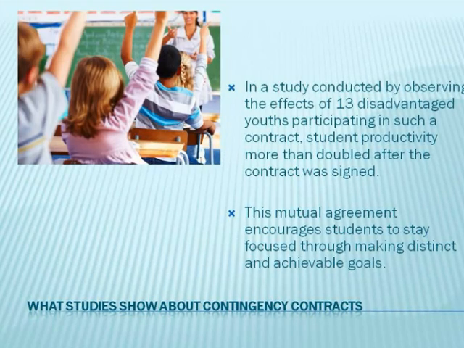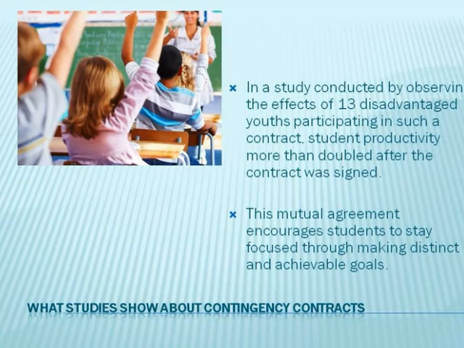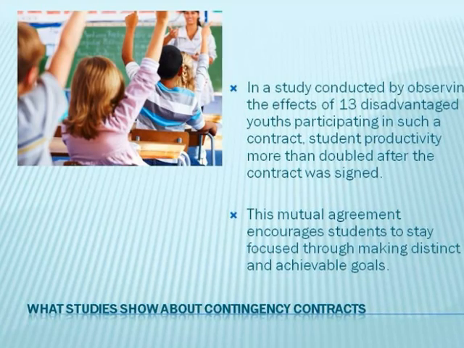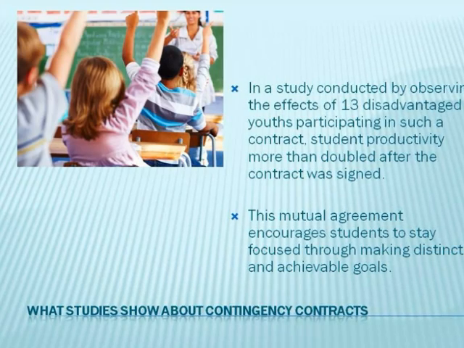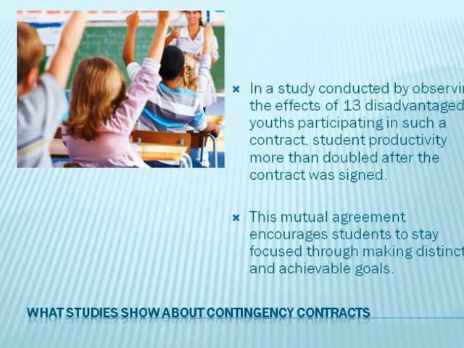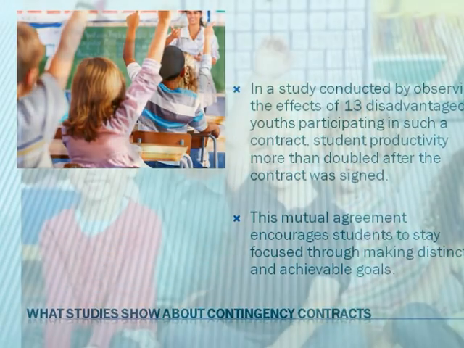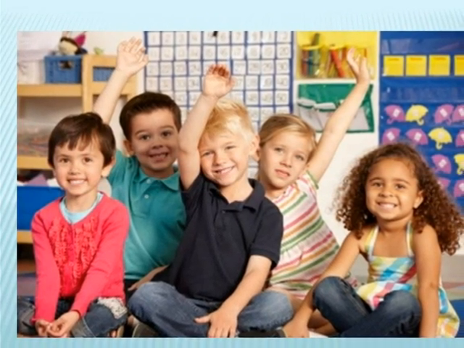This mutual agreement encourages students to stay focused through making distinct and achievable goals. By having these goals in writing and signing off on the goals, the student feels motivated and like he or she needs to complete what is listed. Students feel motivated to participate and stay focused on schoolwork when these contracts are signed.